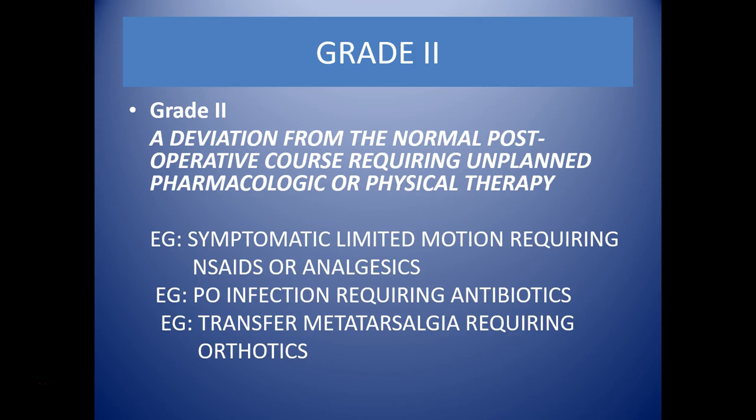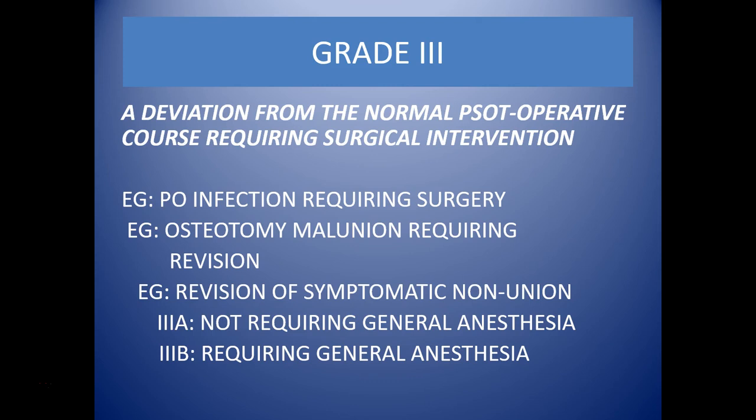A patient who develops a cellulitis or postoperative infection and requires antibiotic therapy, either orally or IV, but has no residual long-term sequela. Or, for example, transfer metatarsalgia following a bunion to the second or third metatarsal, and the symptoms resolve with the use of orthotics. So these would be complications, yes, but they're a lower level of complication, or grade 2.